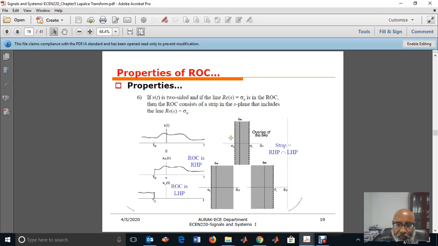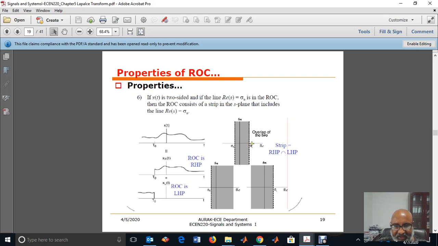So the region of convergence of such a signal is a stripe in the S-plane. A stripe in the S-plane means, for example, for the right-sided one, it starts from sigma r and goes to the right, and for the left-sided, it starts from sigma l and goes to the left.